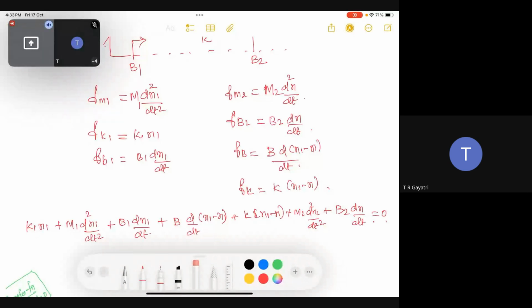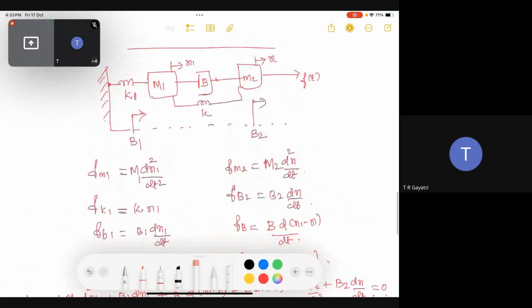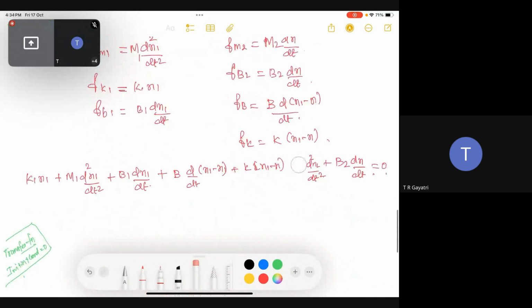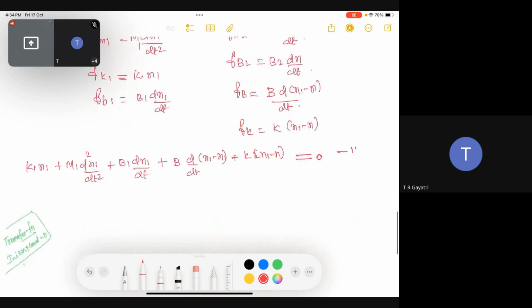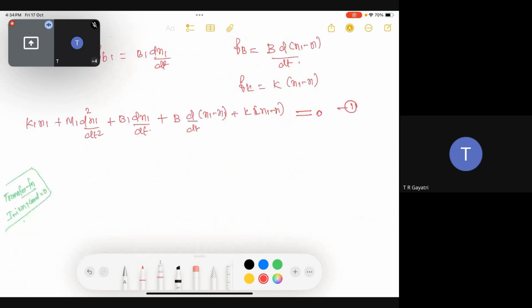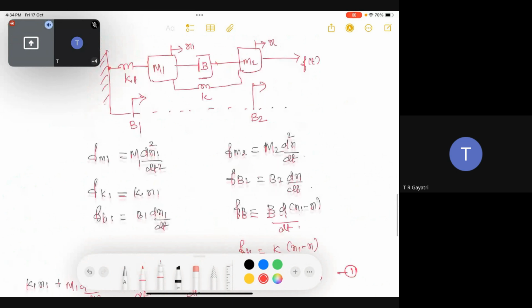That's it. So with k1, it's over. So this will be the first equation equal to 0, because there is no force here.